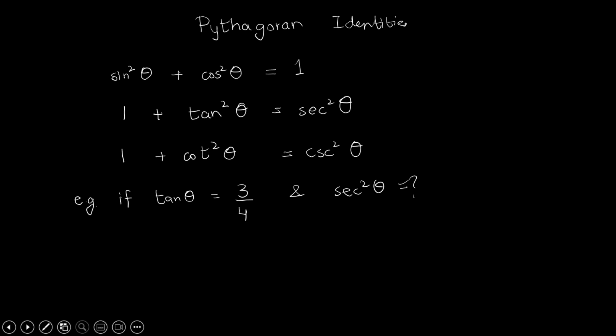So first of all, you need the tan square in order to use the second identity.